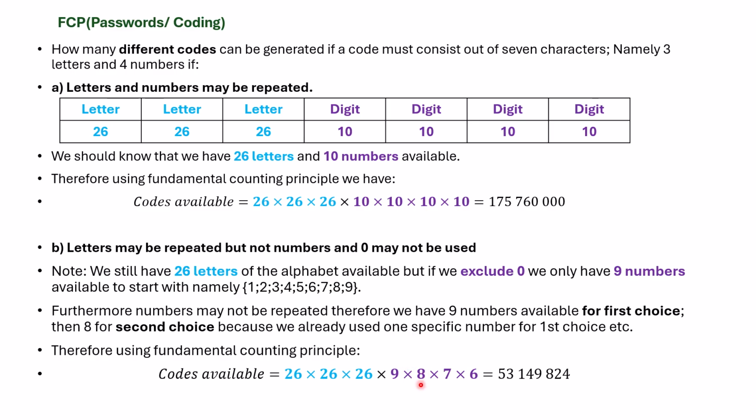Once I've taken that one, I only have 7 left, and then I have 6 left. So my number of codes: 26 times 26 times 26 times 9 times 8 times 7 times 6, which gives me 53,149,824 different choices available to me. Hope you follow, hope you understand. Let's look at the third.